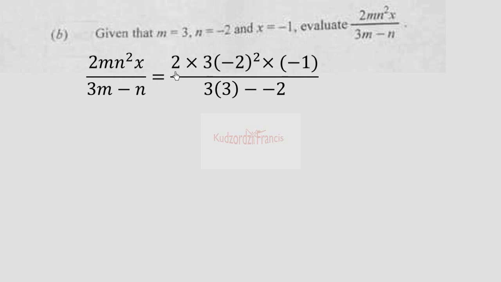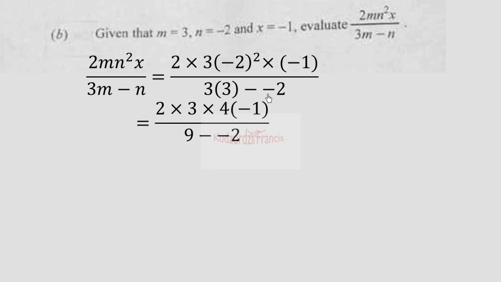Now the b part, given that m is equal to 3, n equal -2, and x equal -1, evaluate this expression. So it's just a matter of substituting the values. So note that the square will get rid of this, so we are going to get +4 here.